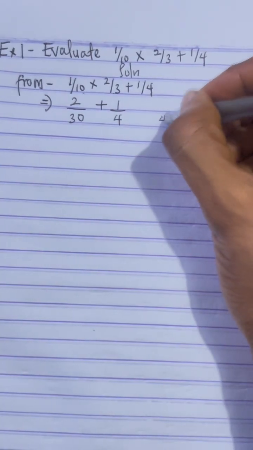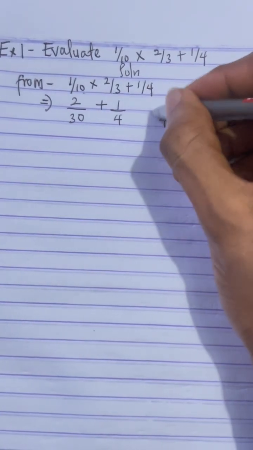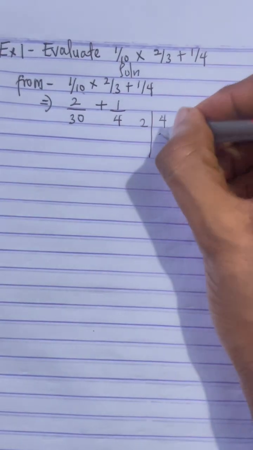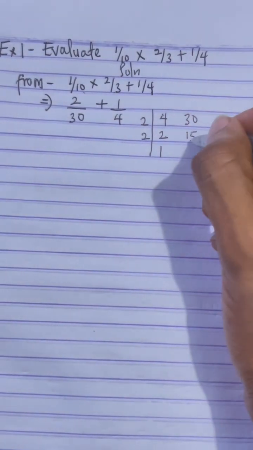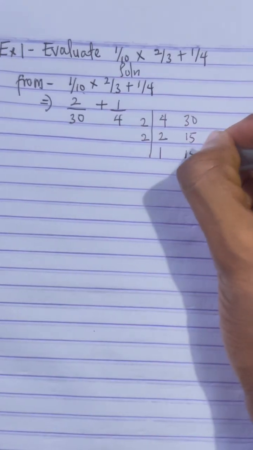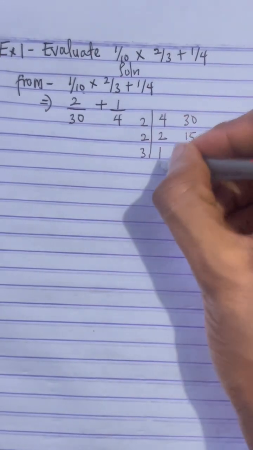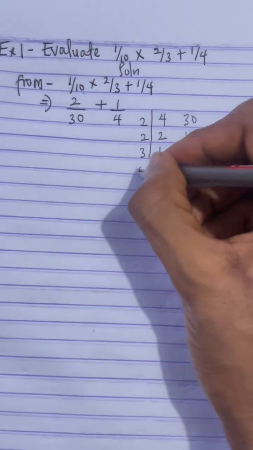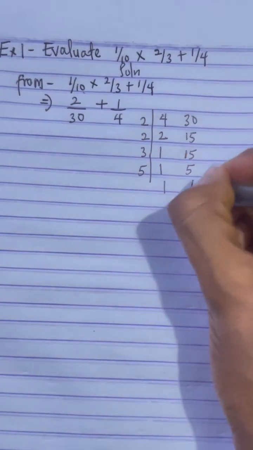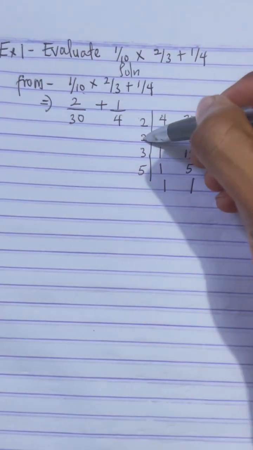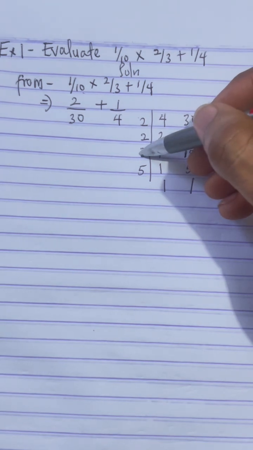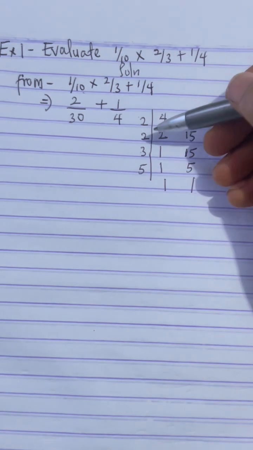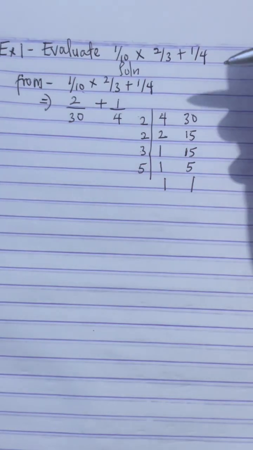We have 4, we have 30. 2 can divide to give us 2 and 15. 2 can divide again, giving 1; 2 cannot divide 15, so 15 drops down. 3 can divide 15 to give 5. 5 can go, 1, 1. So this is your LCM: 2 times 2, 4. 4 times 3, sorry, that is 12.